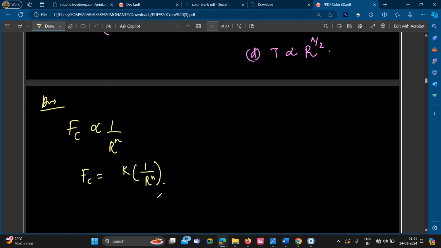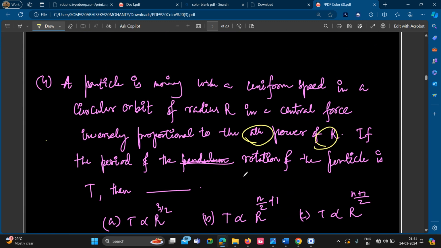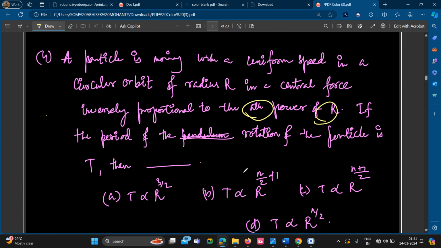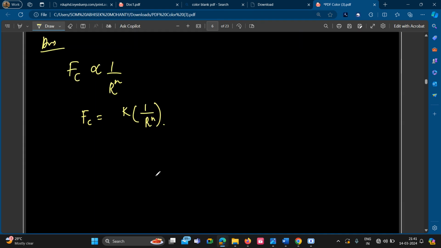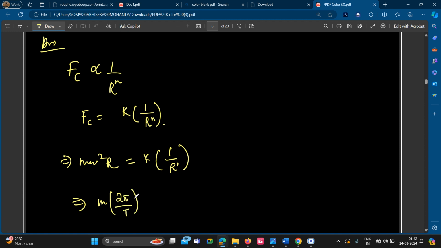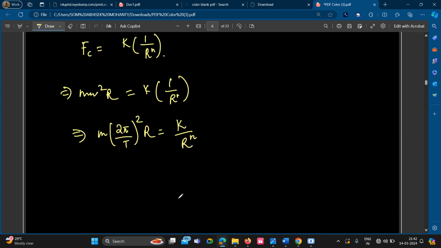Now, what is your formula for central force? If there is a circular motion, force formula is m omega square r. So m omega square r is equal to k by r to the power n. So m into (2 pi by T) whole square into r is equal to k by r to the power n. What is the question here?